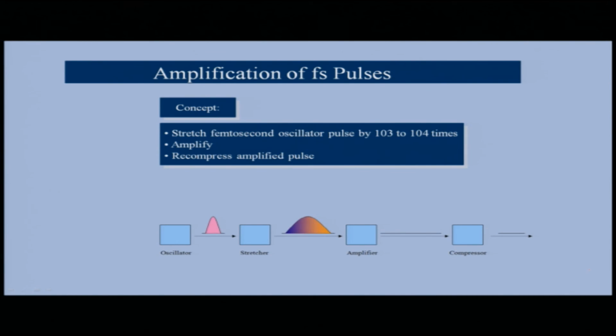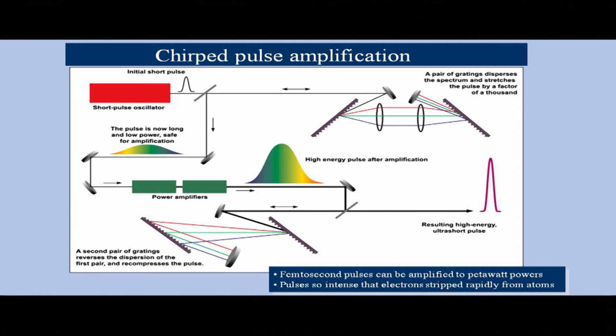It can be further amplified by using the principle of linear gain, where the oscillator output is put through a linear stretching device which makes a longer pulse. It is then put through an amplifier where it is amplified, and then a compressor compresses the amplified pulse to get even higher intensity pulses.